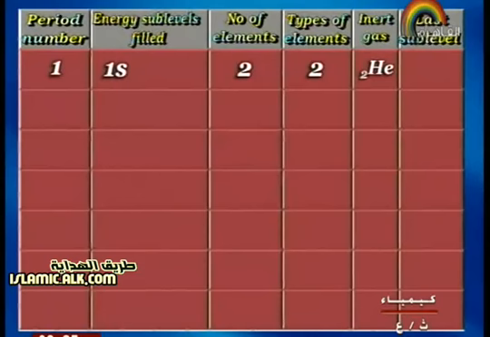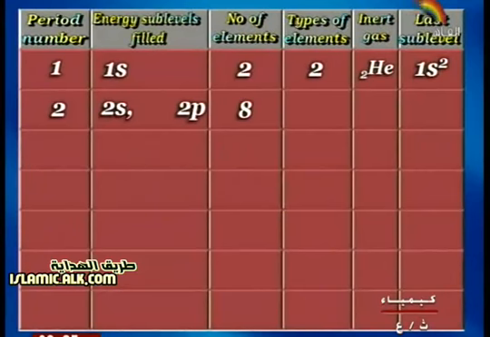The inert gas in this period is helium, and the last sublevel filled is 1s2. In the second period, the energy sublevels are 2s and 2p, the number of elements is 8, and the types of elements is 2. The inert gas at the end of this period is neon, and the last sublevel filled is 2p6.